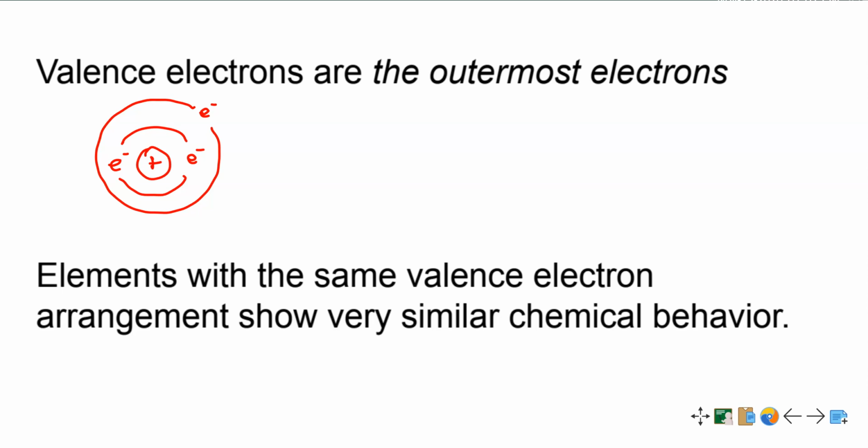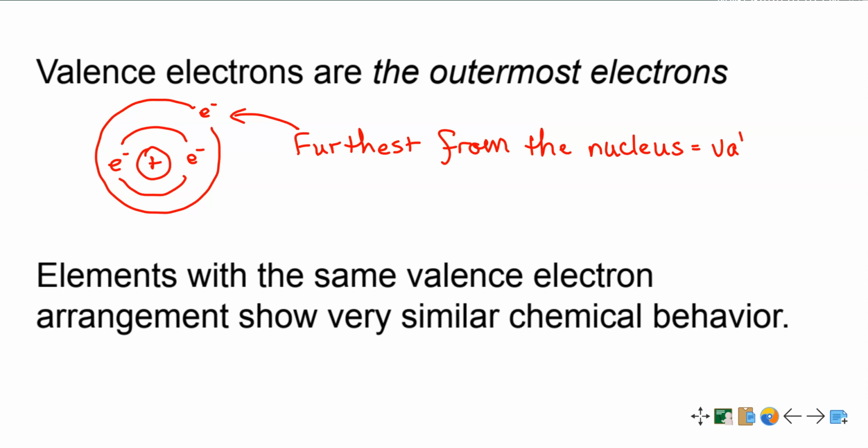Remember, we know the Bohr model is not entirely accurate, but just for convenience drawing, I'm going to use it. Okay? This electron is furthest from the nucleus. Since it is furthest from the nucleus, it is the valence electron. Nucleus. For a second there, I forgot how to spell nucleus. Okay? That means it's the valence electron.